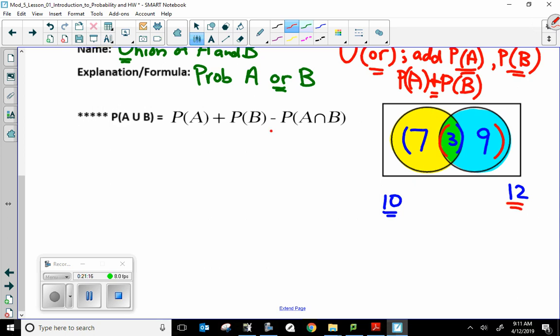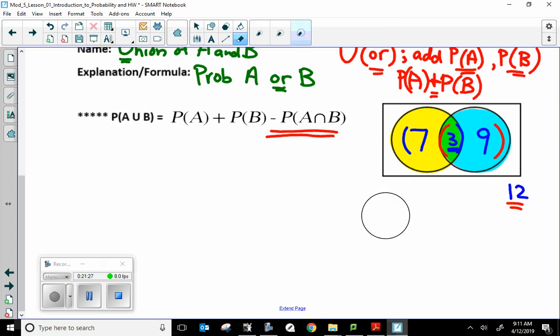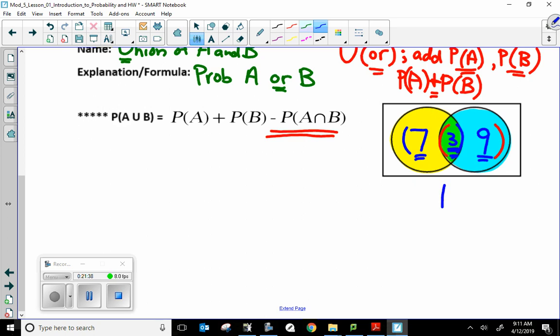How come I want to subtract the intersection? Because I can't take this and count it as twice. My 10 and 12 here is going to throw you off. How many kids do I have here total? If I put these numbers here, I have 7, 9, and 3. I actually have 19, not 22.